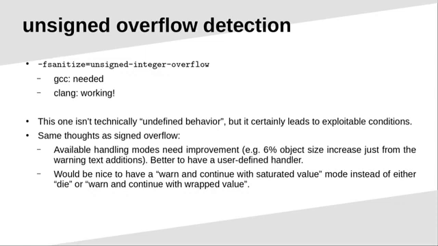This one is not technically undefined behavior, but it frequently leads to exploitable conditions and things that no one wanted. So again, getting this saturated behavior would be nice because then we'll actually be able to catch the errors and continue as opposed to getting small allocations that get overwritten, et cetera.